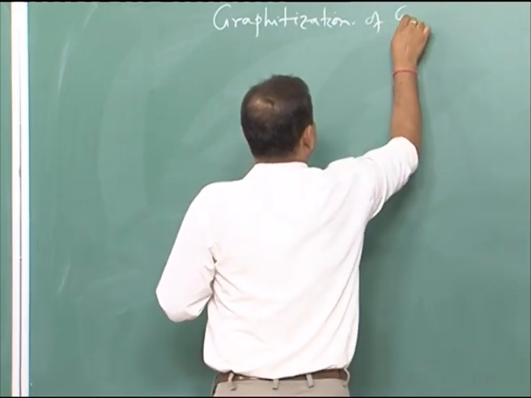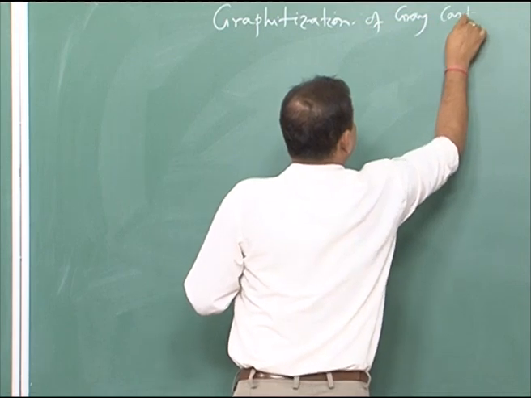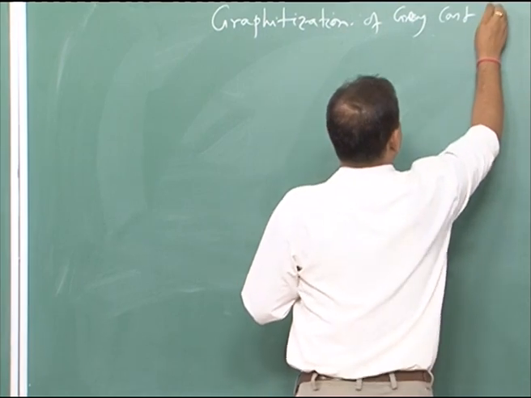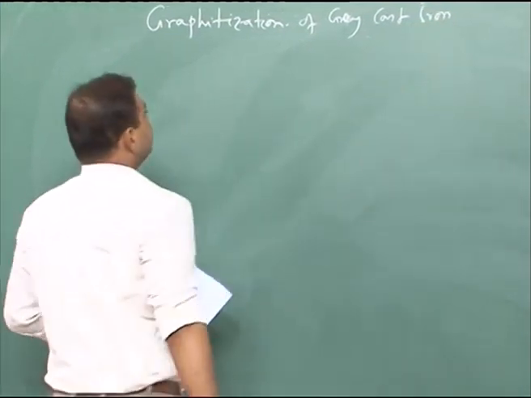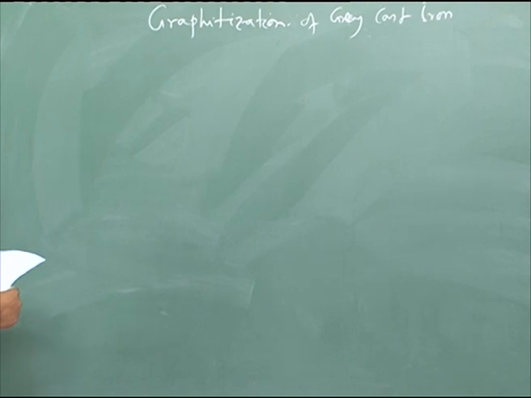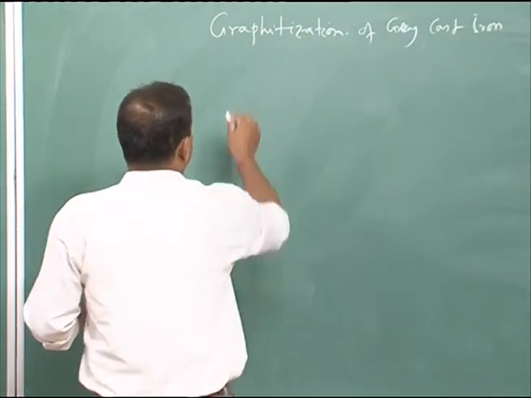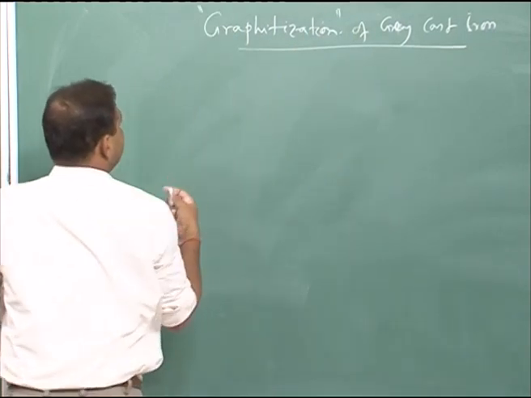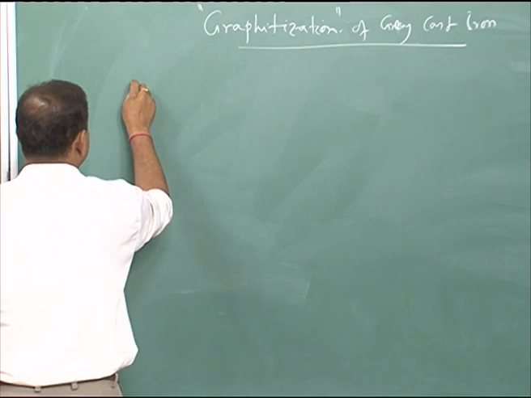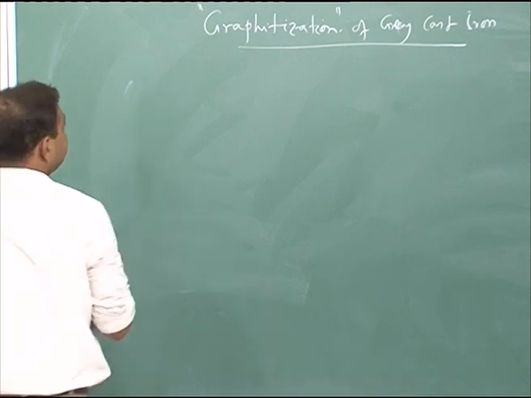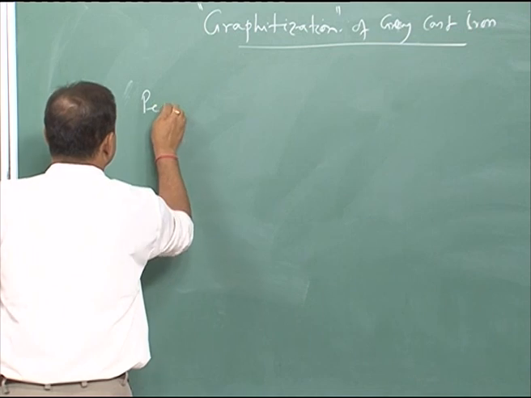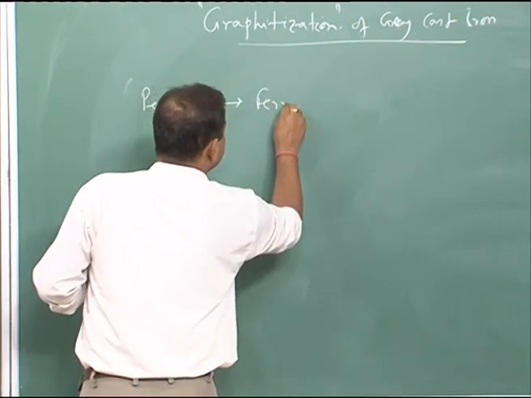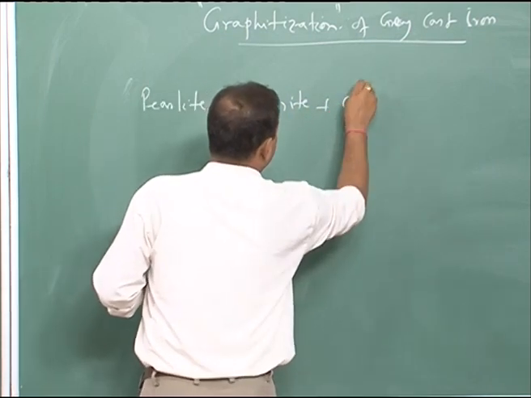So, as I have said, graphitization of grey cast iron in metallurgy means that pearlite breaks into ferrite plus carbon.